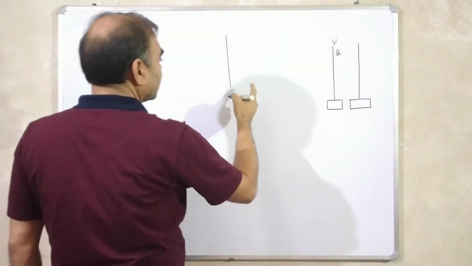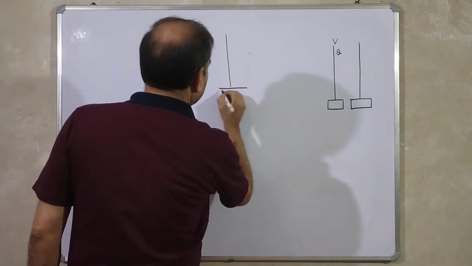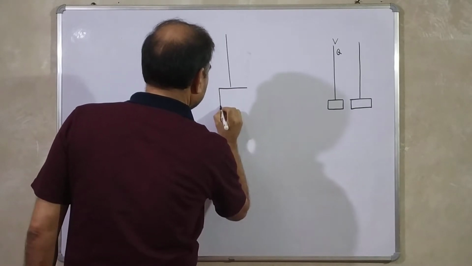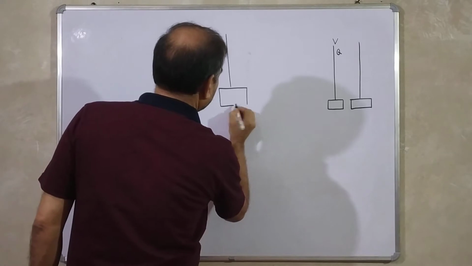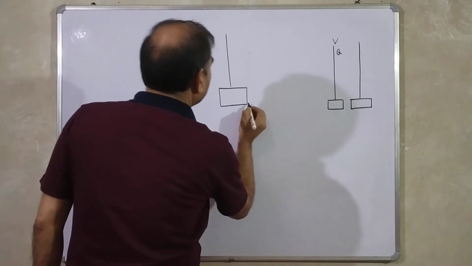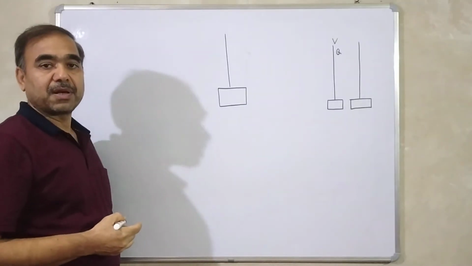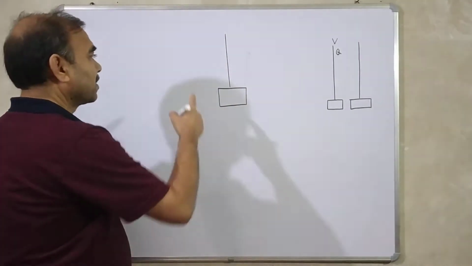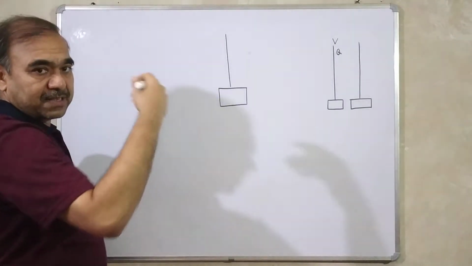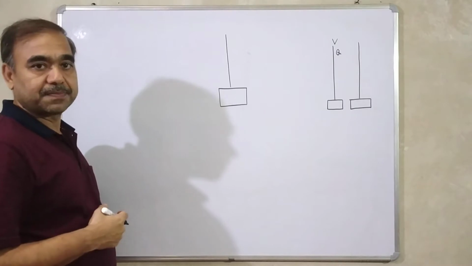And suppose it is just standing on an insulating stand, so that whenever we supply some charge to the conductor, that will not leak, right? Suppose step by step we are supplying the charge on the conductor.